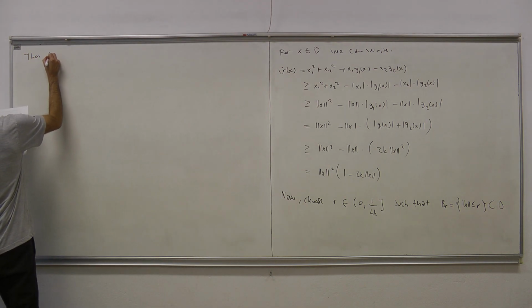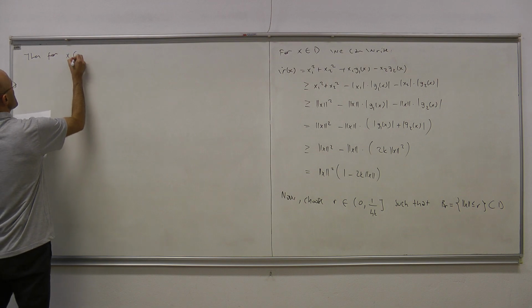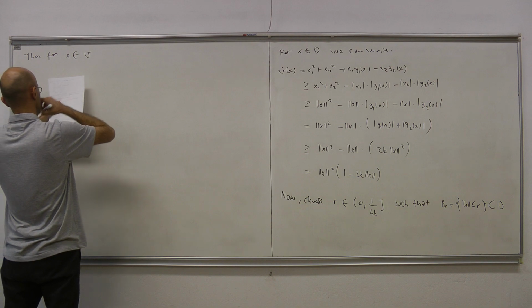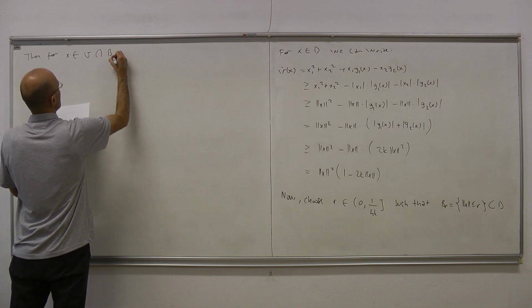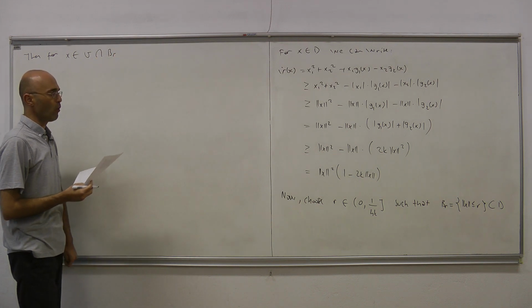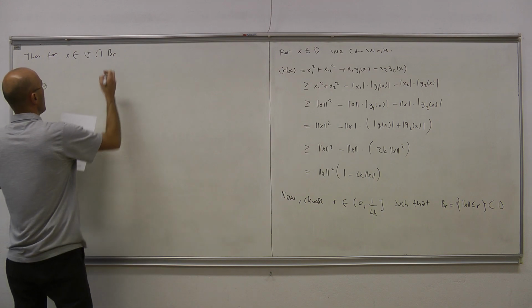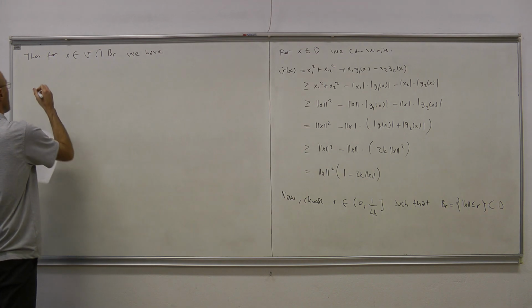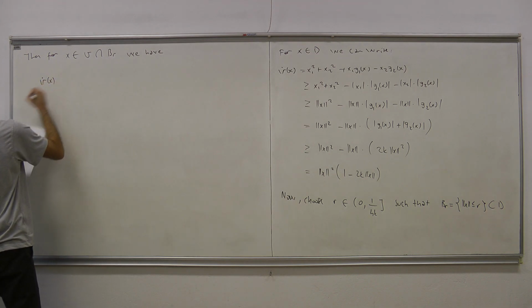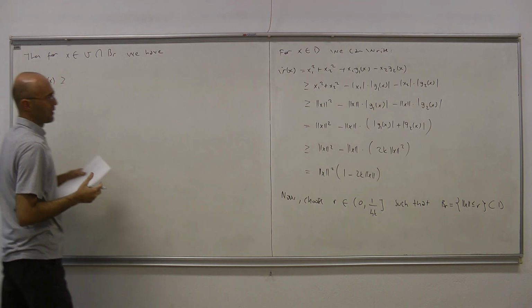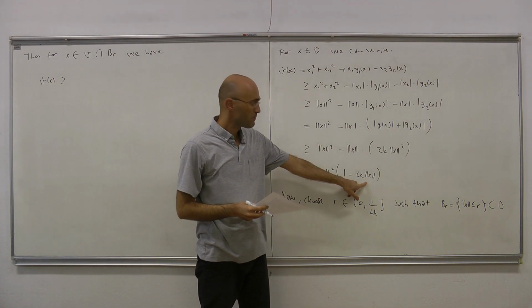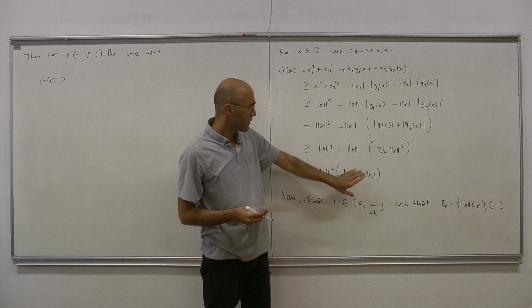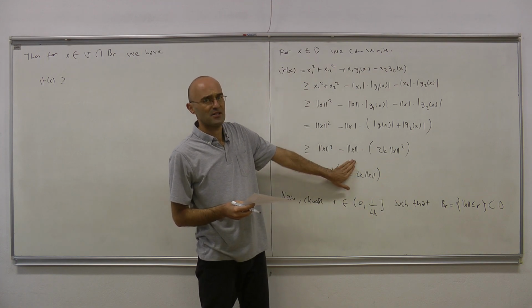Then for x that belongs to U intersected with the R ball, we have V dot of x greater than or equal to, since R is smaller than 1 over 4k, plugging in 1 over 4k here gives you something less than 1/2.